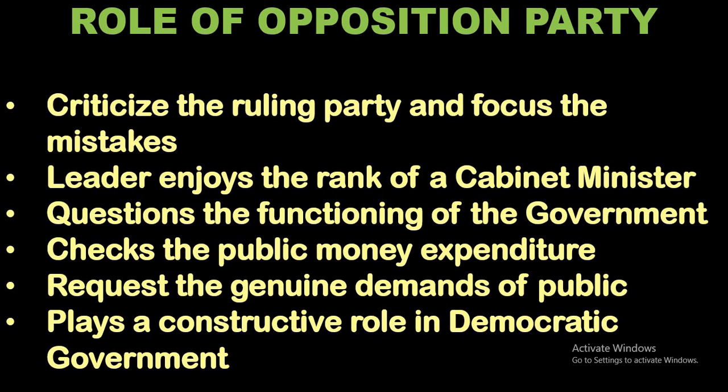If not, the opposition party raises questions against the government. It checks public money expenditure. It should not be wasted. It has to be utilized only for the people. Whenever there are genuine demands, the opposition party requests on behalf of the public. It plays a constructive role in building a democratic government.